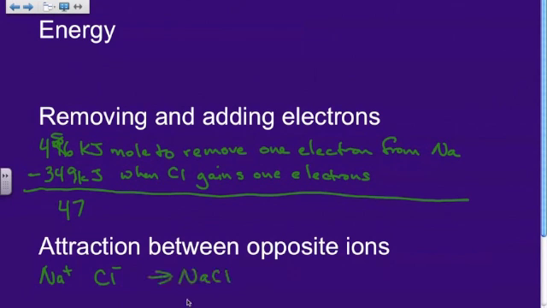So once they have sort of, in effect, canceled the energy, what we get is a release of 788 kilojoules per mole.